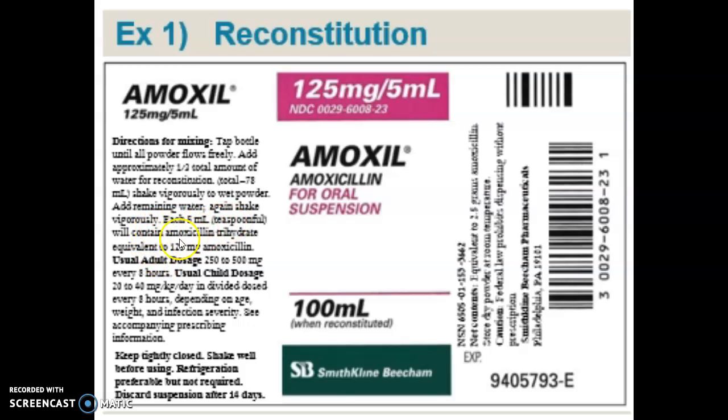Each 5 mil will contain amoxicillin trihydrate equivalent to 125 milligrams. It's also what it tells you up here in the purple, a little bit easier to find. 125 milligrams is 5 milliliters. That's the concentration after it's been reconstituted. Each 5 milliliters is going to have 125 milligrams.